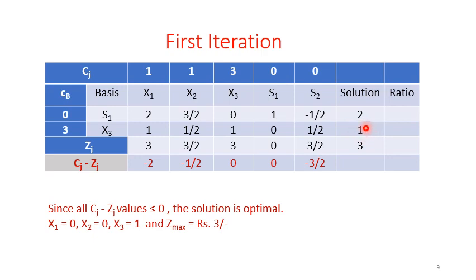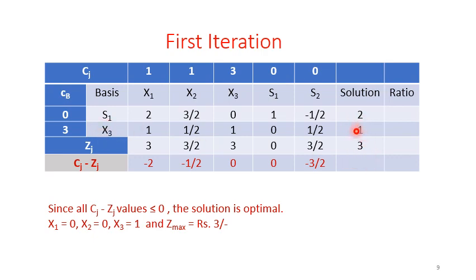So x1 is equal to 0 because x1 does not appear in the final iteration. x1 and x2 are not present here. So x1 is equal to 0, x2 is equal to 0, and x3 is equal to 1.